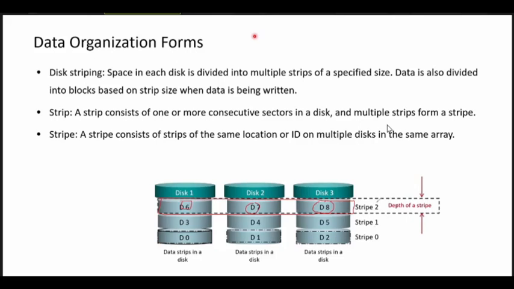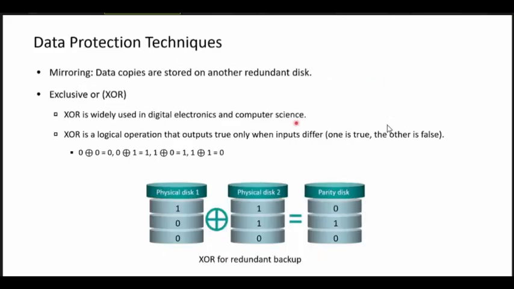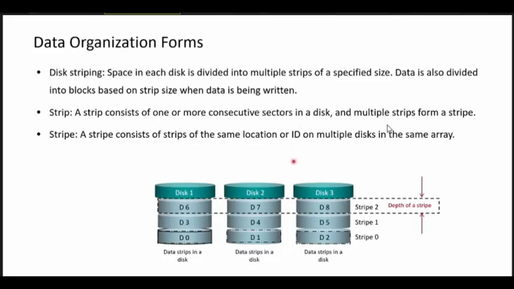Then you have the stripe width and the stripe depth. I don't know whether they explain that in the next slide. We'll see. Stripe depth basically means how big a strip is, right? So if this strip is 512 KB, that's the size, 512 KB here.